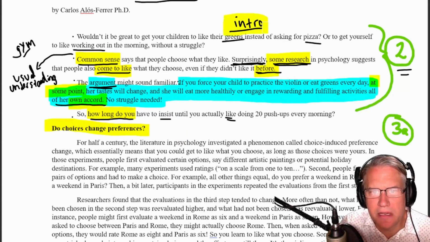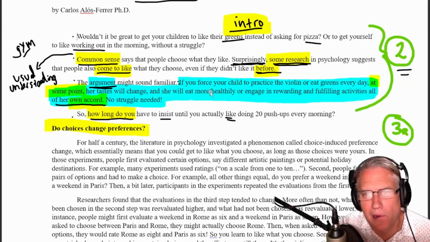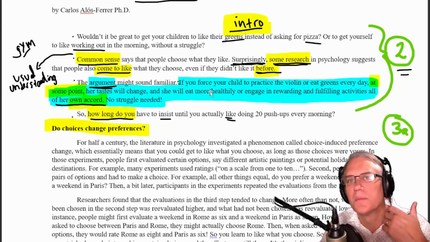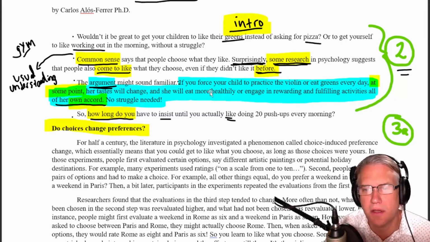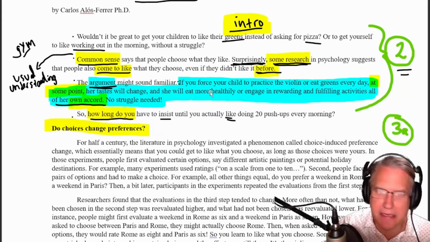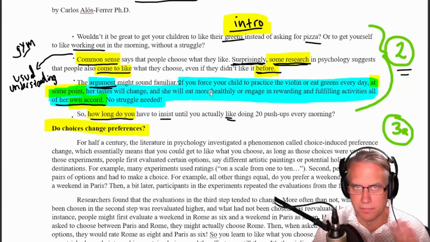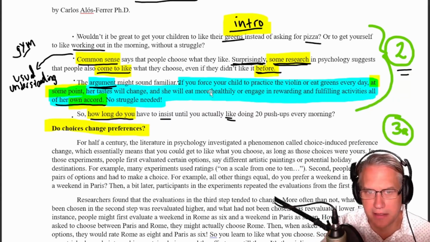So what's interesting about our introduction is that usually English teachers would say we will find the thesis with essays. This is not an essay, so I don't want to misrepresent the piece of writing. This is a different genre.